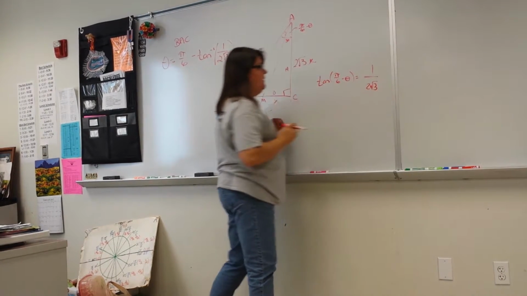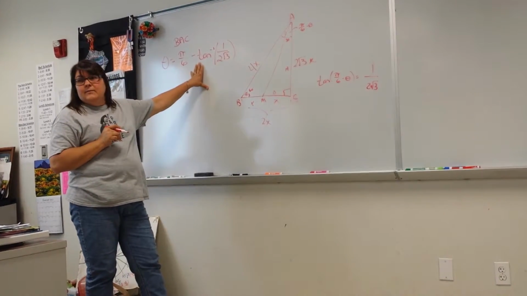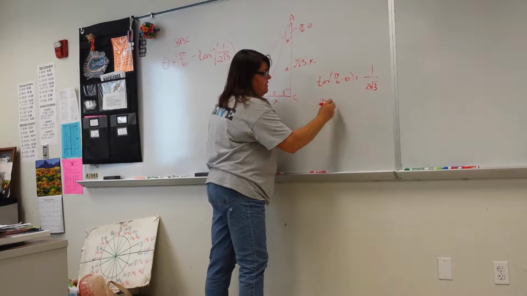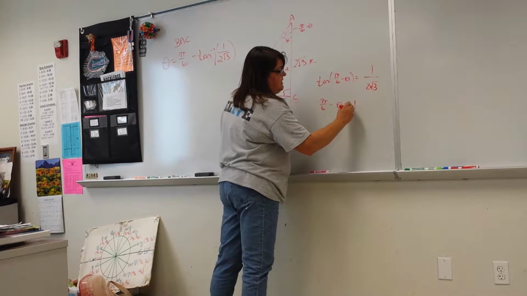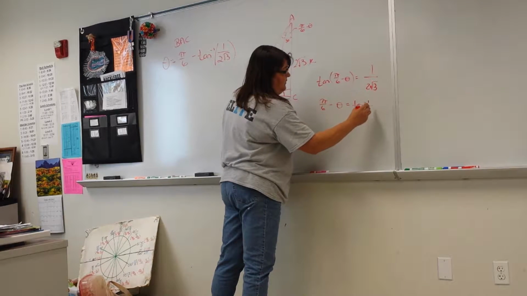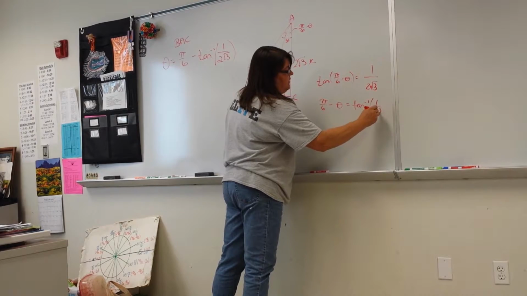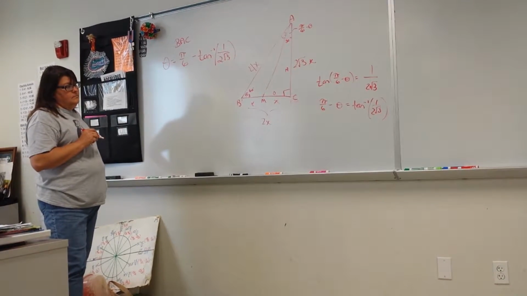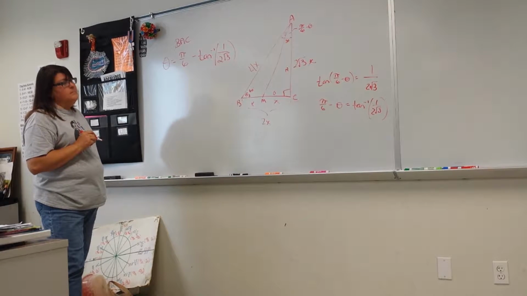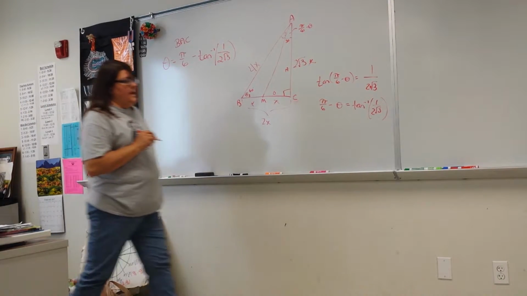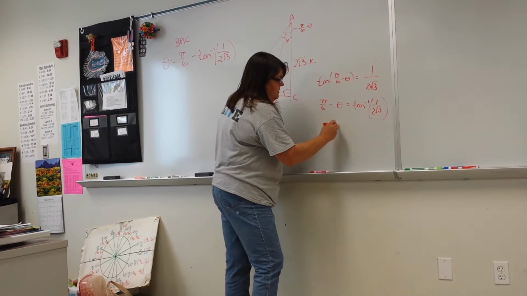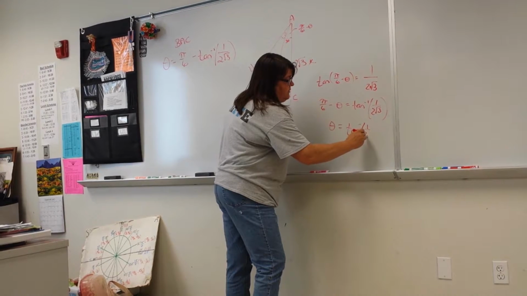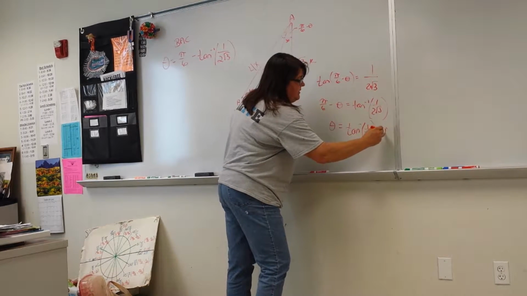Now we try to make it look like this a bit. So what do I do to both sides? Inverse tangent. So pi over 6 minus theta is equal to tan to the negative 1 of 1 over 2 square root of 3. Subtracting and multiplying, we have theta equal to tan to the negative 1 of 1 over 2 square root of 3 minus pi over 6.